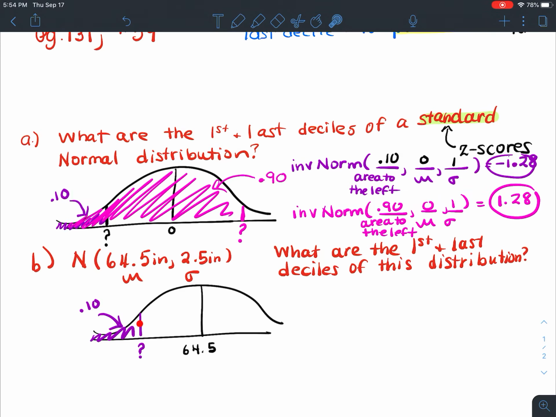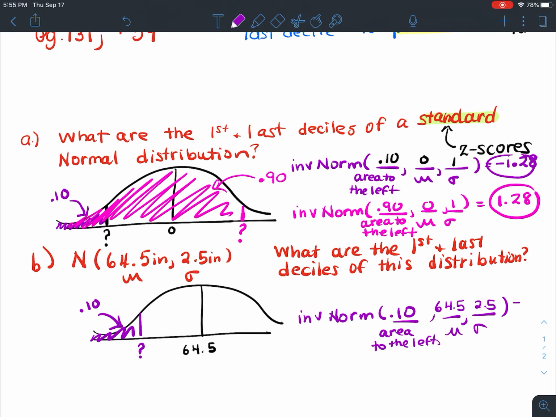Okay, so we're looking for what is the height now, not the z-score, but the height where 10% of the women would be shorter than that height. So I'm going to do inverse norm again. I'm going to plug in 0.10 as the area to the left. But now for the mean and the standard deviation, I'm using the mean and the standard deviation of this distribution, the 64.5 and the 2.5 for the standard deviation.